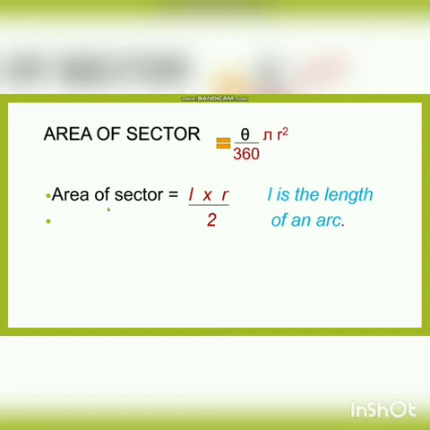Suppose in the question the length of an arc and the radius of the circle are given, then directly you can calculate the area of a sector as L into R upon 2. So you can write this formula also in your notebook. The first formula, area of a sector is equal to theta upon 360 into pi r square, and second, area of a sector using the length of an arc, L into R upon 2.